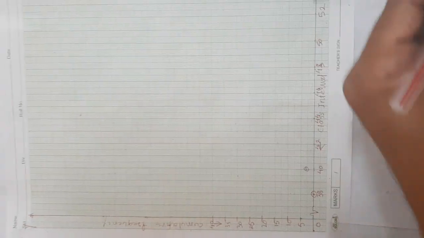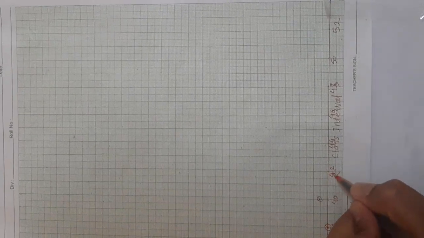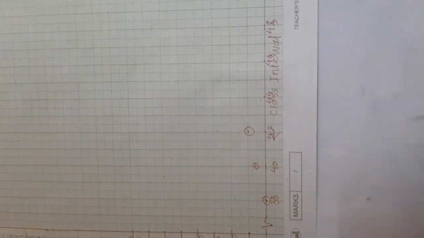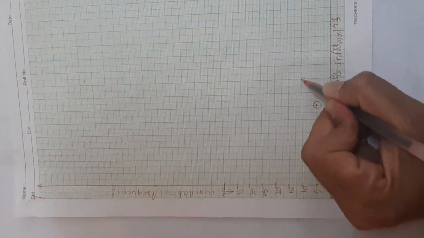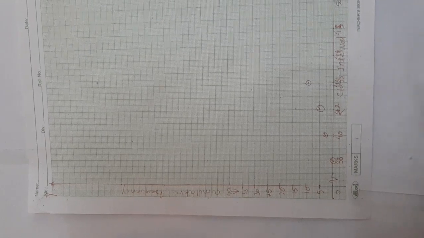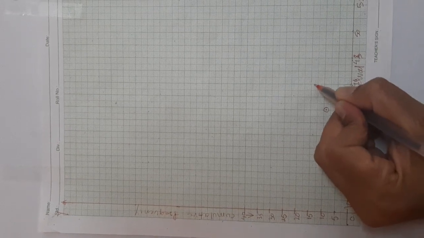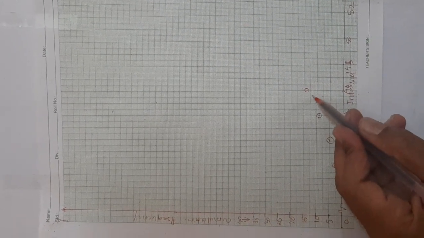That will become 3. Then 42 comma 5. Next is 44 comma 9, 9 will be 2 blocks less than 10. Then 46 comma 14, 14 will come here, 2 blocks below 15.